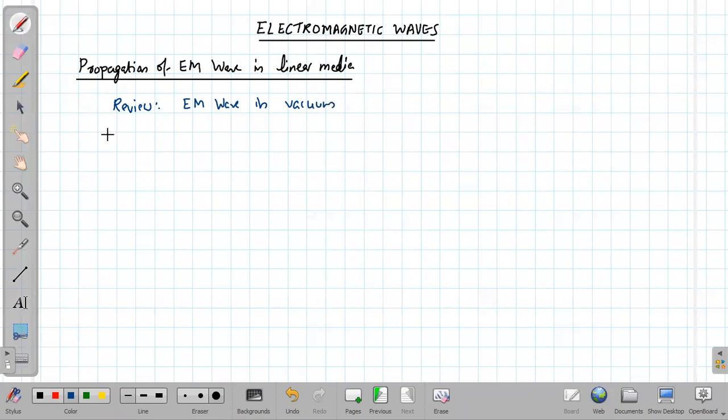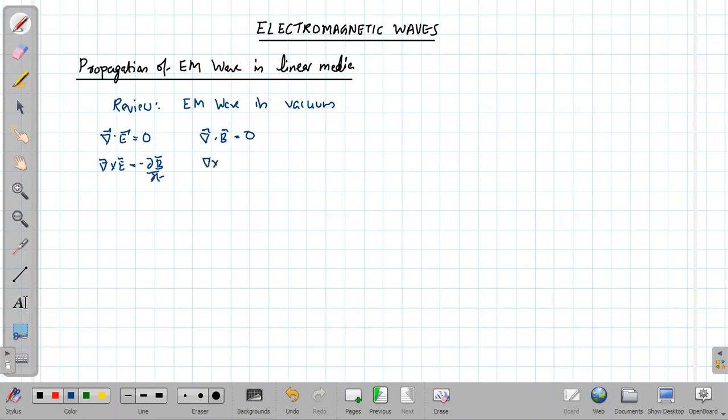In the case of electromagnetic wave in vacuum, we have the Maxwell's equations: del dot E becomes 0. Better we'll write del dot B, we'll use the same pattern: del dot B equals 0. Del cross E becomes minus dB by dt.